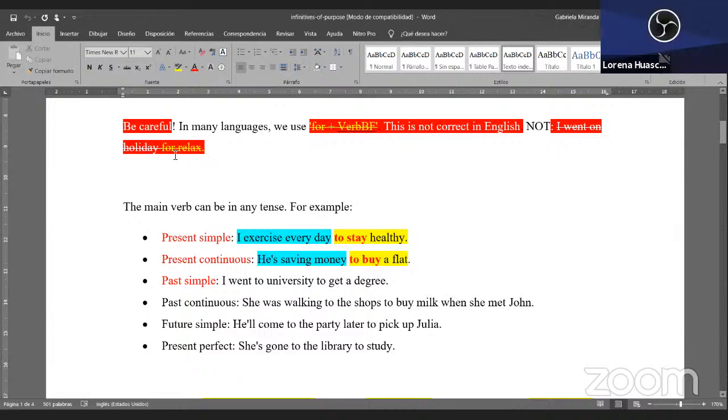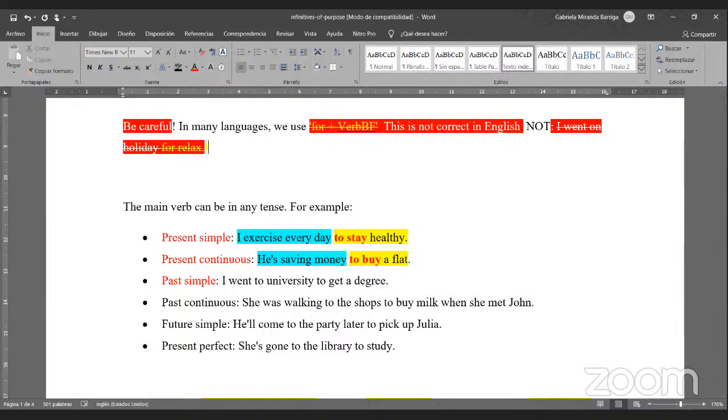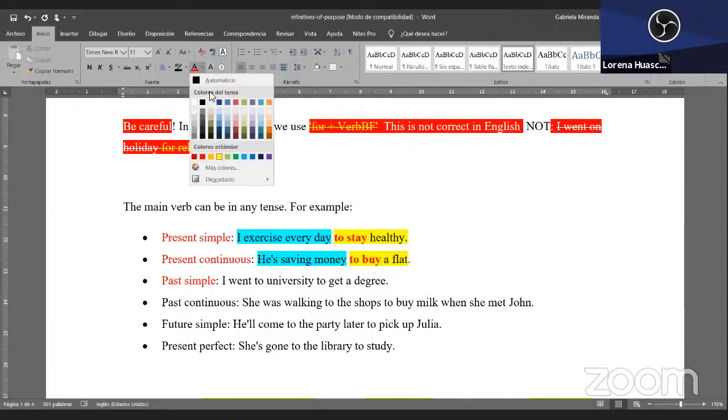For example, if I want to use this for in grammar, in order to be correct, I could write it, but I'm not gonna use it with base form. It's gonna be like this.